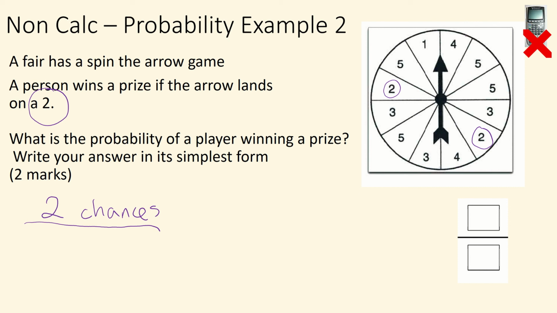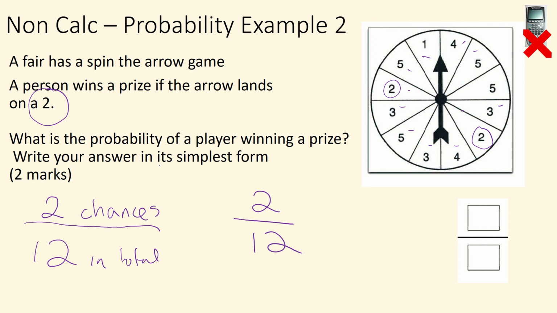Let's count them up. 1, 2, 3, 4, 5, 6, 7, 8, 9, 10, 11, 12. So there are 12 in total. This looks like a fraction now: 2 out of 12 chances.